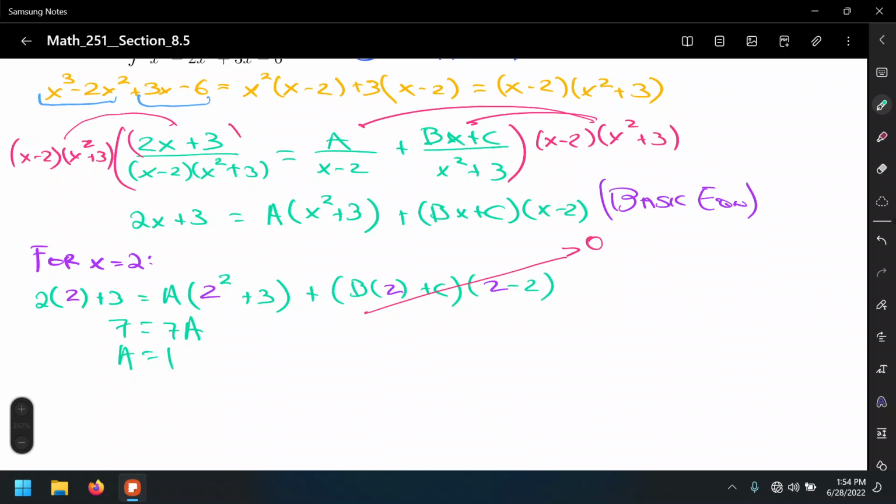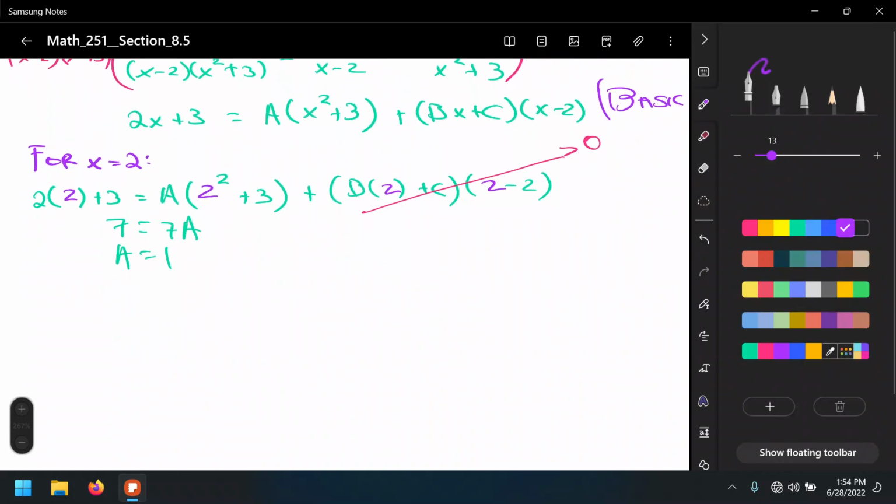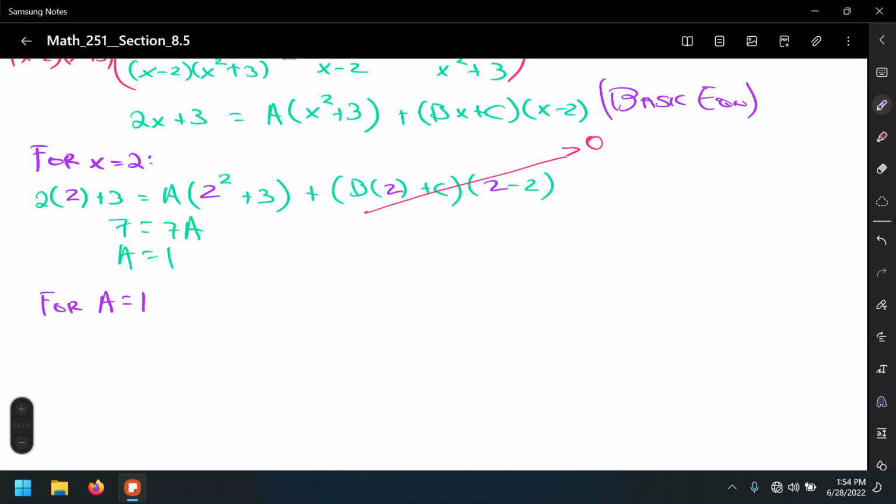Well, okay, so we're going to use for sure the information that we have. In this case, A equals 1. And in this case, we are going to use our favorite value of x, which value of x preferably cancels out one letter.